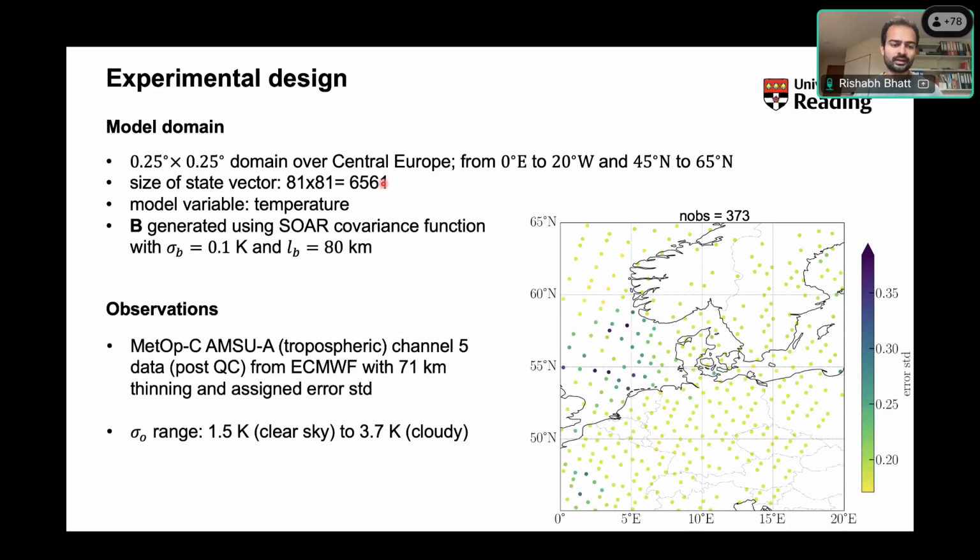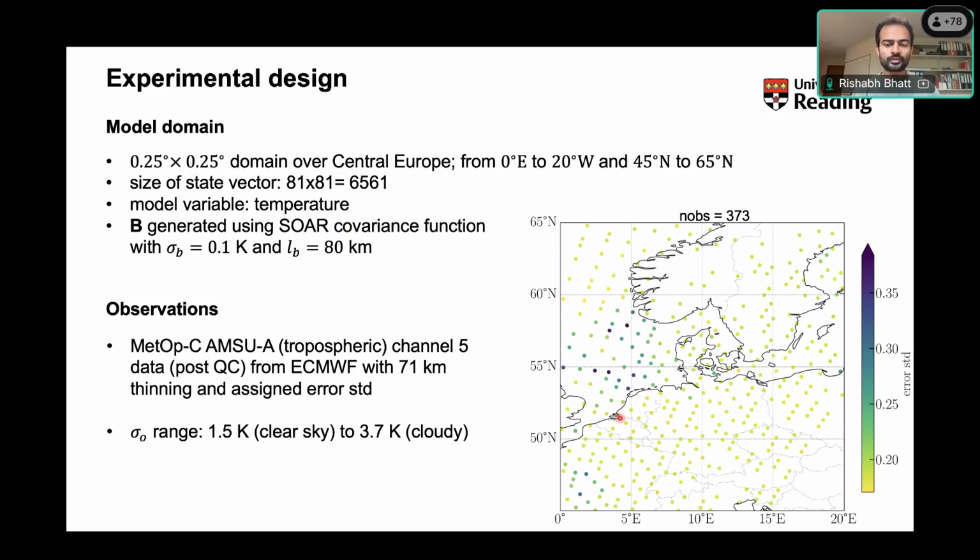The background error covariance matrix is generated using a second-order autoregressive covariance function, with a fixed background error standard deviation usually used for temperature, around 0.1 Kelvin, and an operationally used background error correlation length scale of about 80 kilometers.